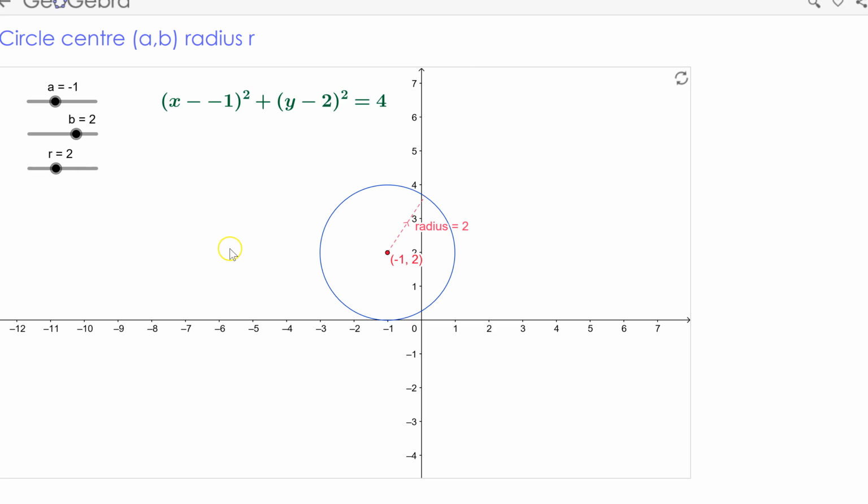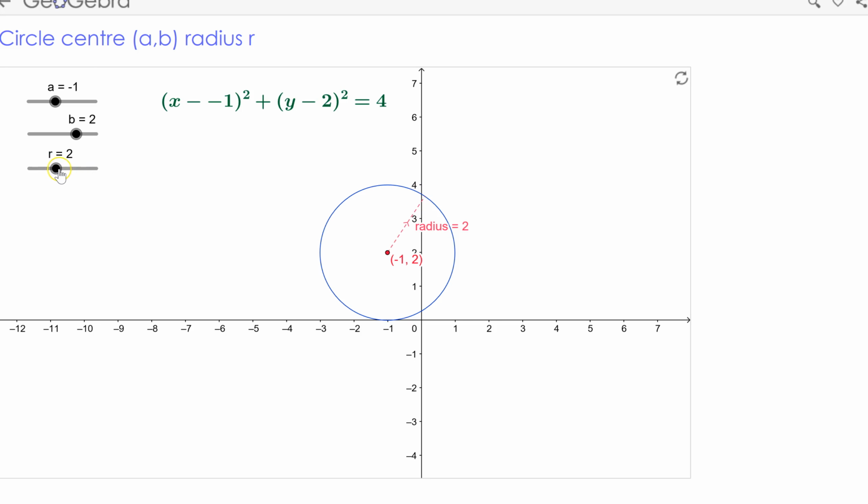So here we have our circle, centre (a, b), radius r, and in this case a is minus 1, b is 2, so our formula becomes x minus minus 1, in other words x plus 1 squared, and y minus 2 all squared. So the centre has moved one place to the left and 2 places up, and the radius is going to be 2.